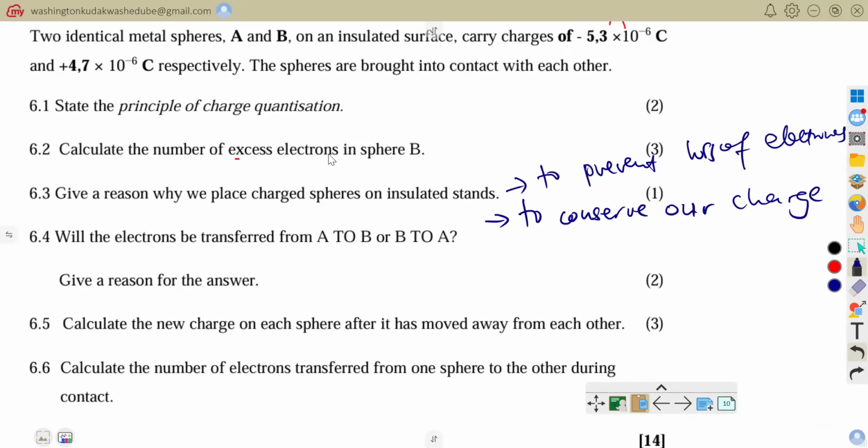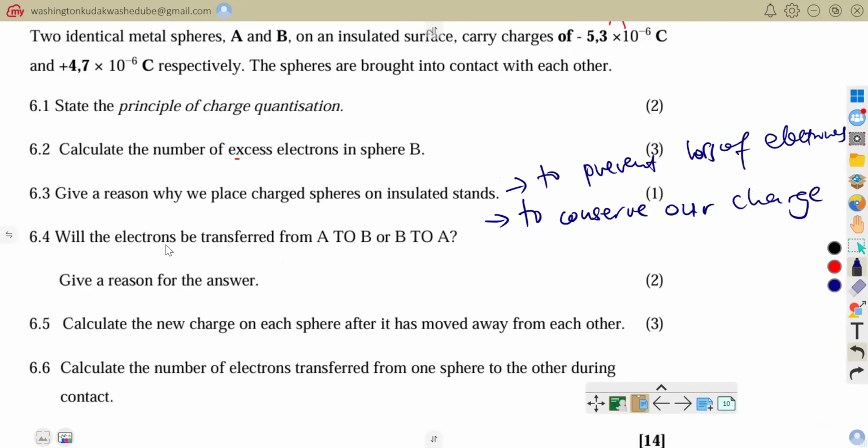An insulated stand will not transfer any electrons. That's why we use insulated stands.